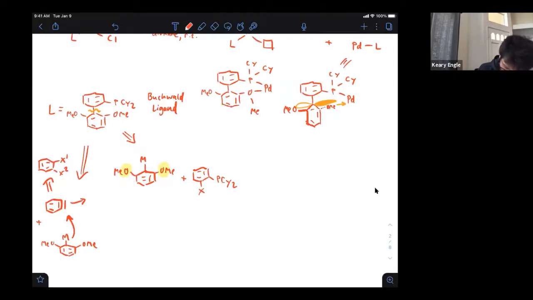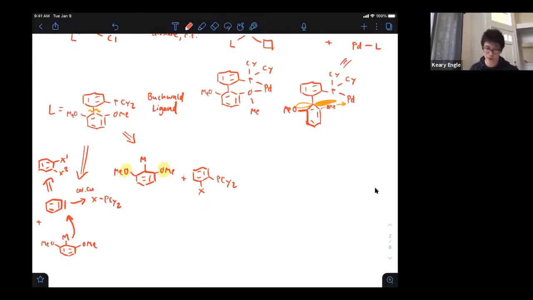I'm doing this shorthand here just to save time. This is not necessarily all a one pot sequence. Under the action of catalytic copper, then they can install the phosphorus there. And I think in some cases it requires an intermediate quench before the copper coupling. But that's the general sequence: generate benzyne, react through the benzyne, and then couple out.